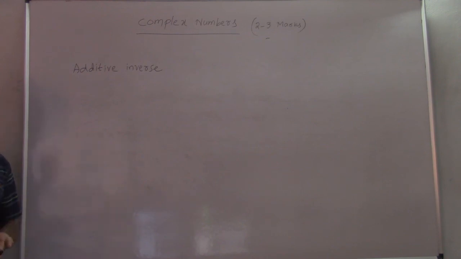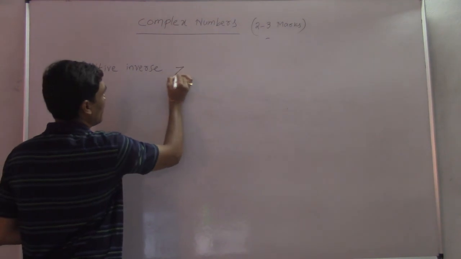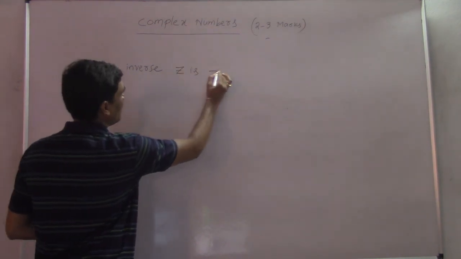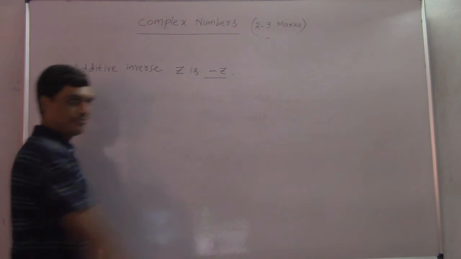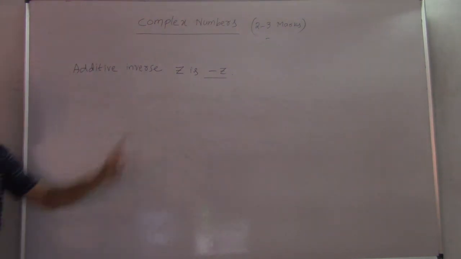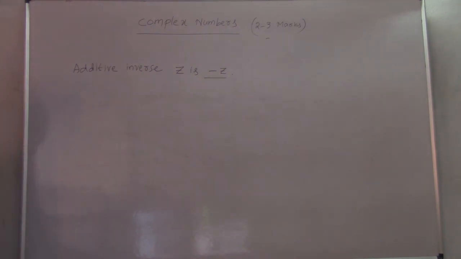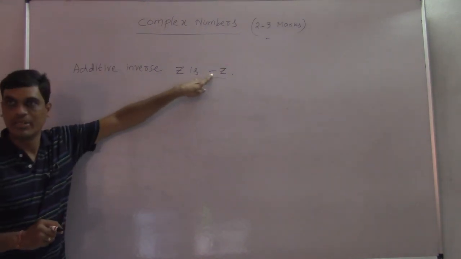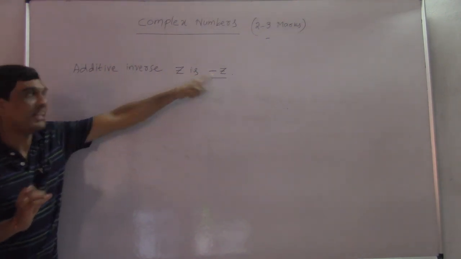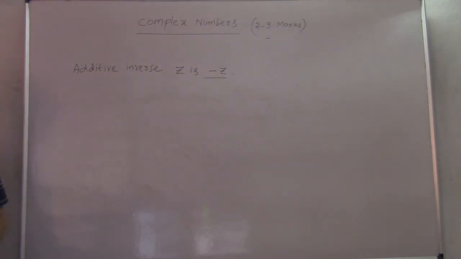Every time you don't need to write x plus iy. So the additive inverse of complex number z is minus z. That's it. That means whatever complex number is given, you have to multiply with minus. If you multiply with minus, that is called the additive inverse.